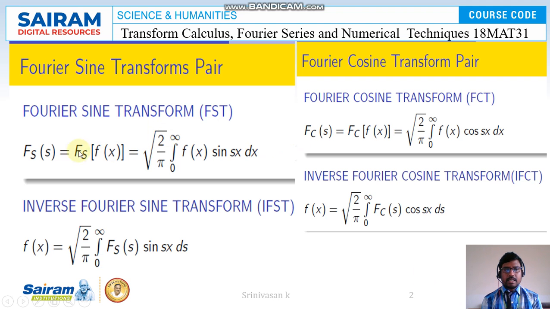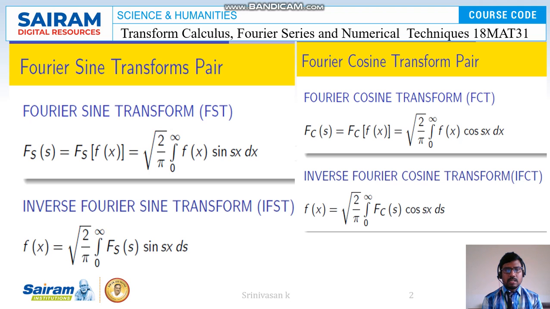The Fourier sine transform of f(x), denoted by capital F_s of f(x), is equal to root 2 by pi, integral 0 to infinity, f(x) sin(sx) dx. This is the Fourier sine transform.